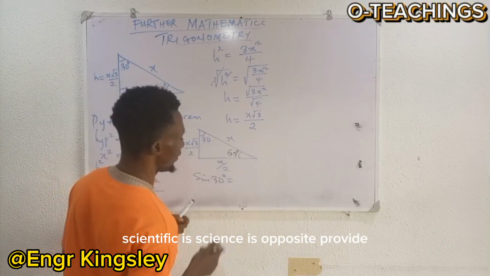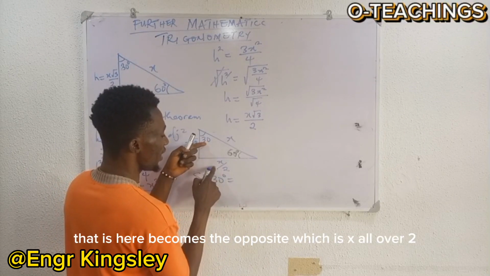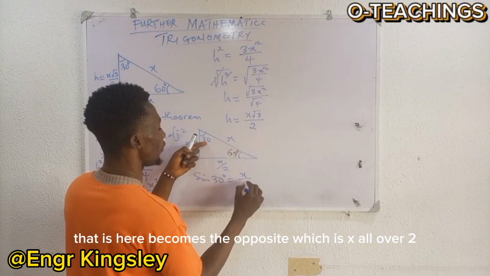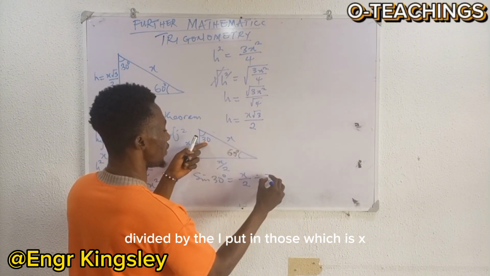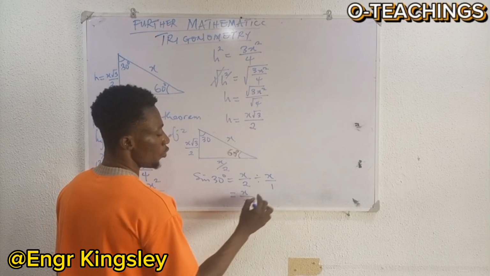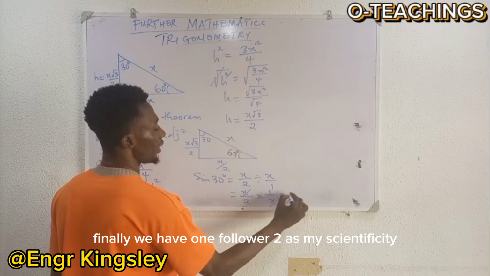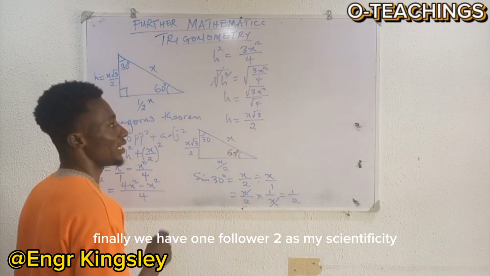Sine is opposite over hypotenuse. If 30 is here, that means here becomes the opposite, which is x all over 2, divided by the hypotenuse, which is x. Remember, here is over 1. So I will have x all over 2 multiplied by 1 all over x. x will go with x. Finally, I will have 1 all over 2 as my sine 30.